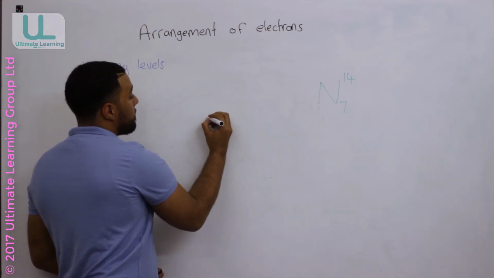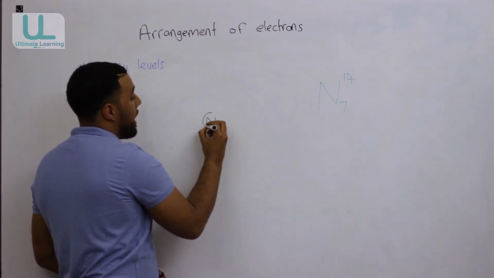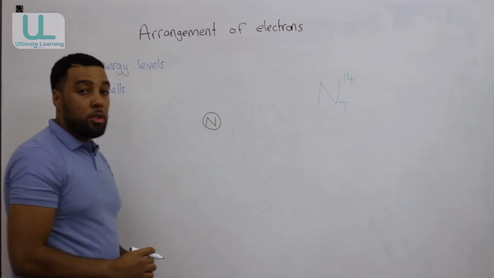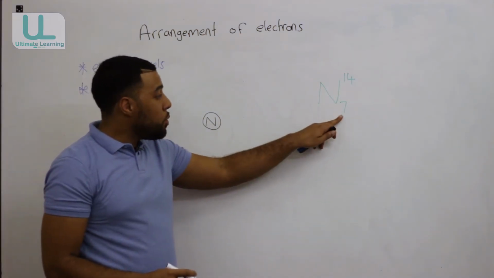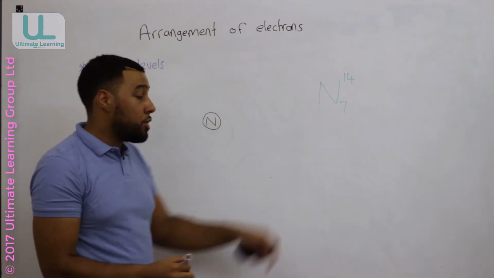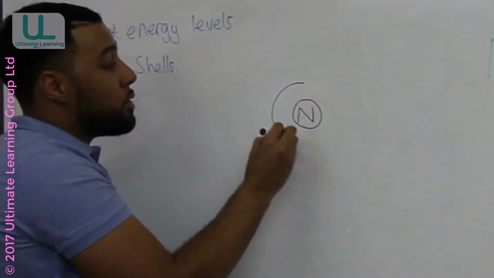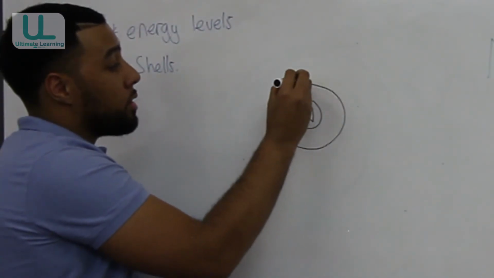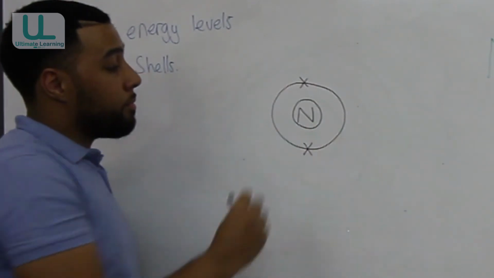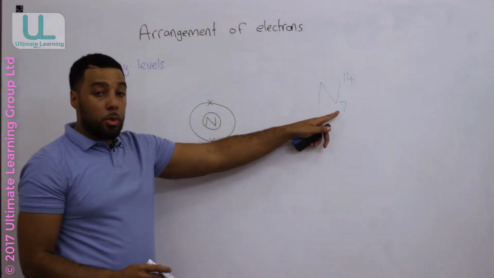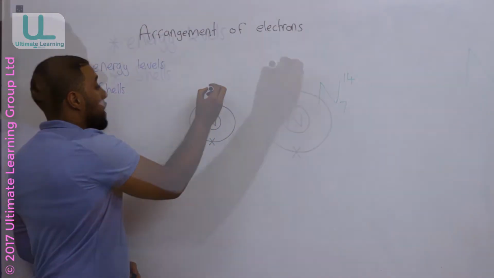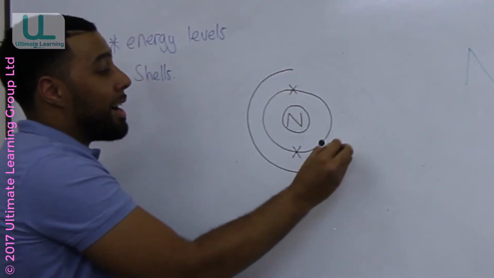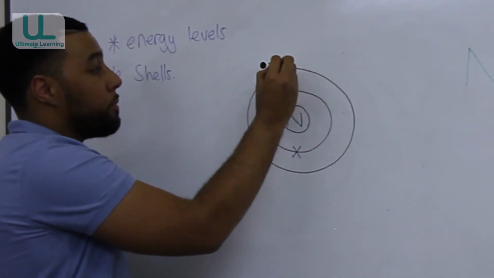Remembering the rule, we draw our nitrogen nucleus. 2 of those electrons from nitrogen would go into our first shell. We're left with 5 that can fit into our second shell.